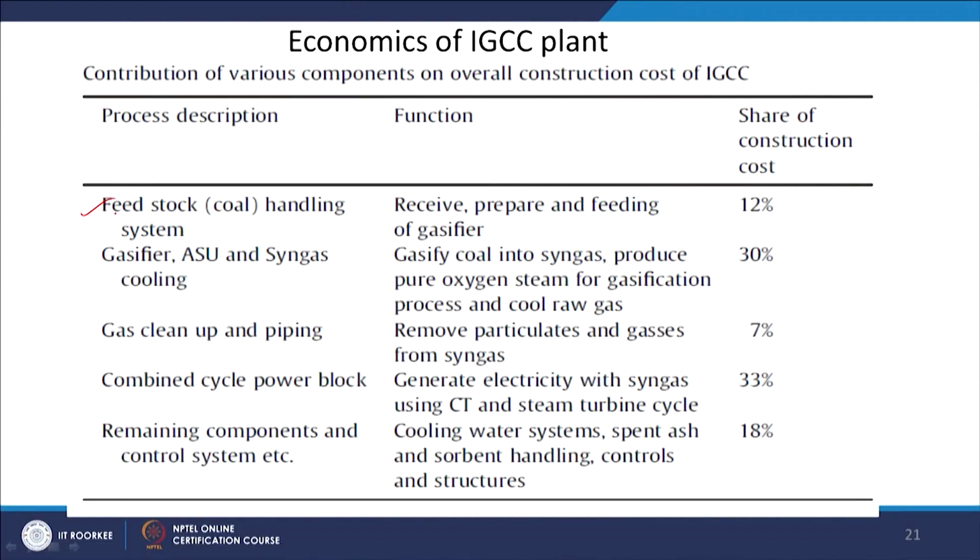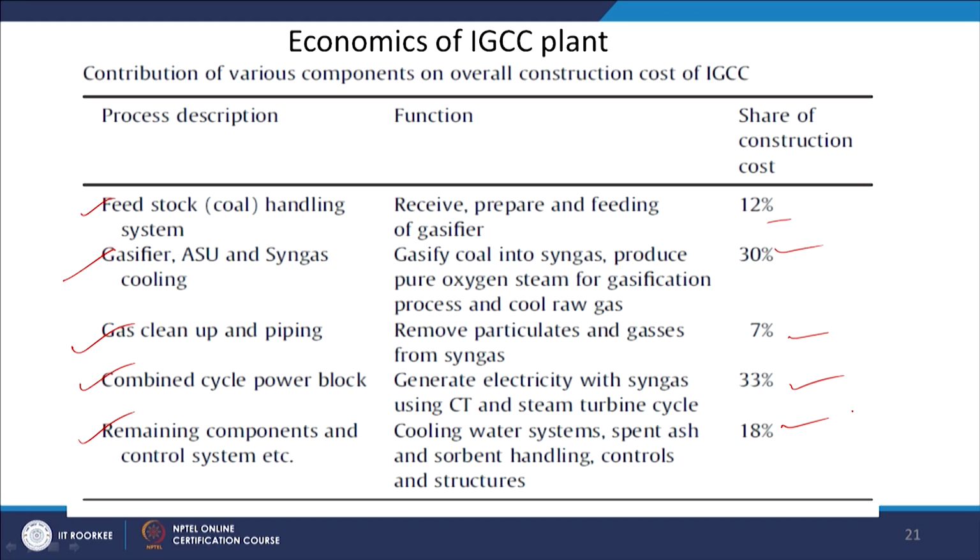Now, we will see how different parts of the gasification system or gasification process contribute to the overall economy. Feedstock is around 12%, feedstock handling system around 12% share of the construction cost, and gasifier, air separation unit and syngas cooling around 30%, and then gas cleanup and piping around 7%, and combined cycle power block, that is turbines etcetera, will be giving 33%, and then remaining components and control systems around 18%.